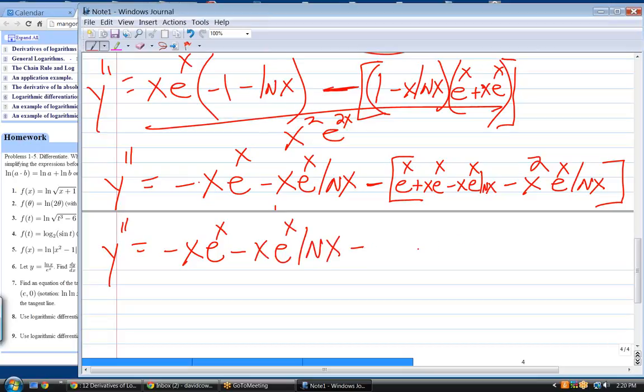The rest of it would just be the same. Well, remove the brackets. This becomes a plus, and this becomes a plus.